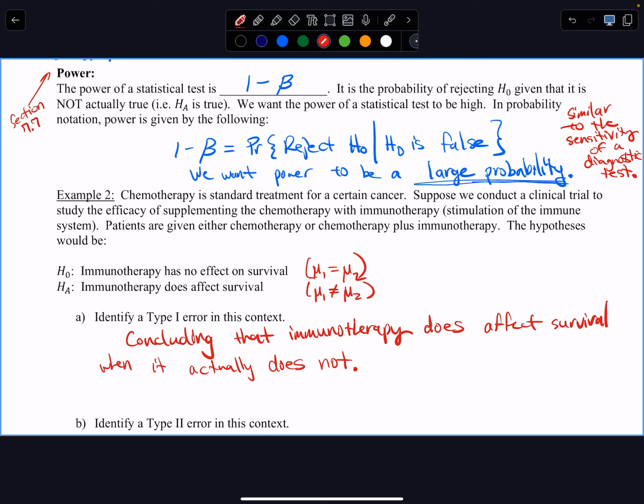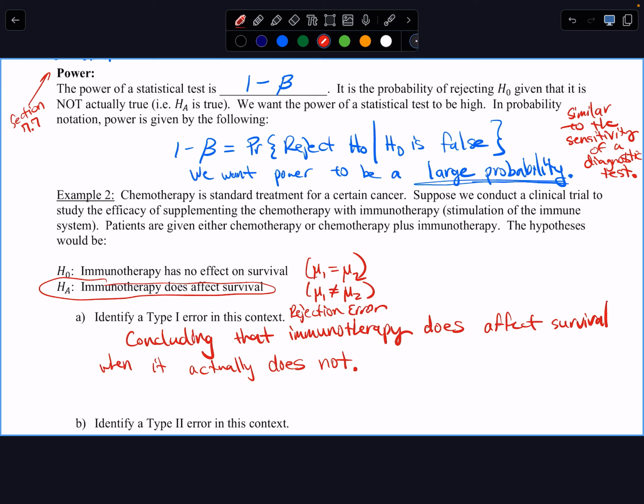So it's concluding that immunotherapy has an effect, even though it does not. Remember, it's a rejection error. When we reject the null, we conclude the alternative, and the alternative here is that immunotherapy has an effect. Well, we've made an error, so it actually doesn't have the effect.